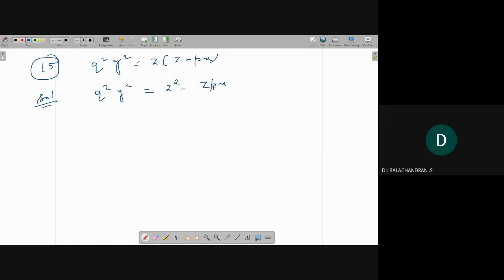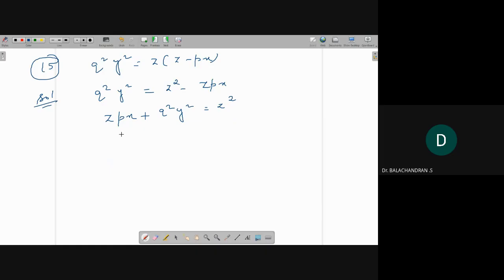Now rewrite: zpx plus q square y square is equal to z square. Now throughout divide by z square.